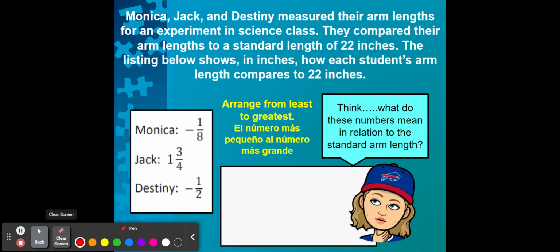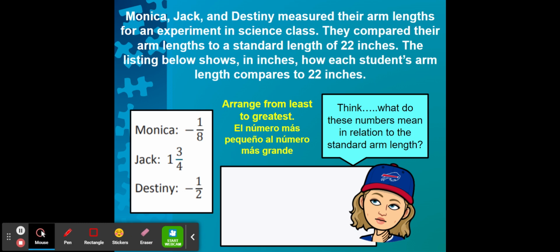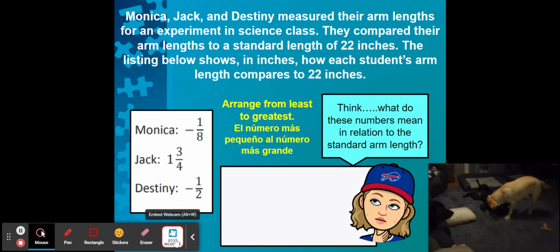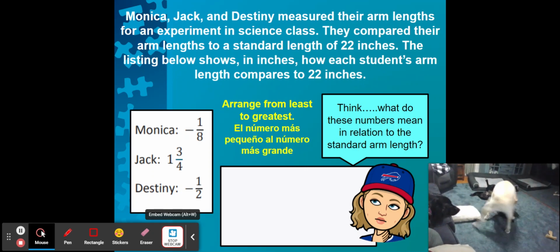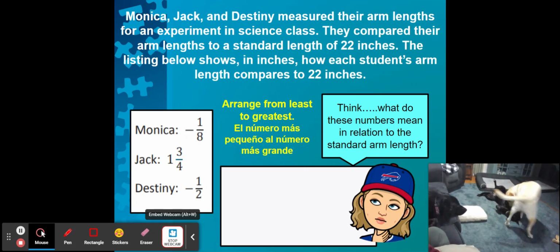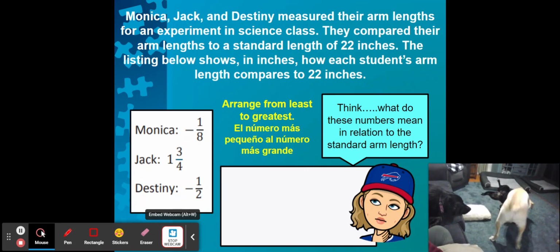Okay. So, there goes Gunner. He's trying to play. Wait, let me see if I can turn my webcam on so you can just take a little break from my voice. Nope, can't turn it on. Wait, maybe I can. Let's see. There we go. Now this is why we don't let Gunner in school. He's just playing.